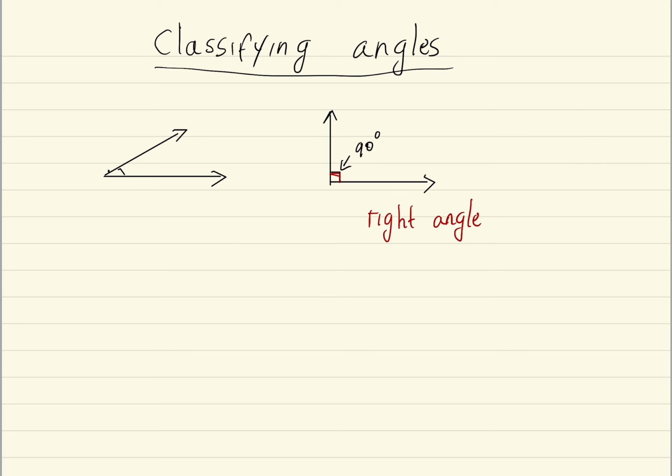So this angle is less than 90 degrees but greater than 0 degrees. So you could say this is 30 degrees or 45 degrees. So that one is called an acute angle.